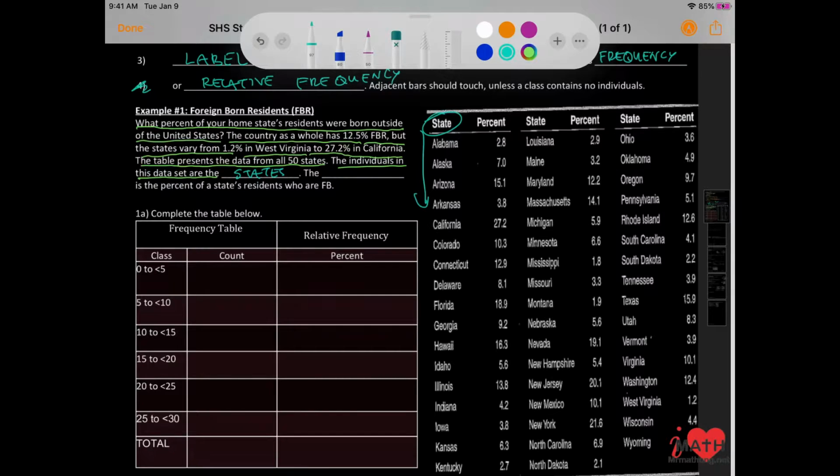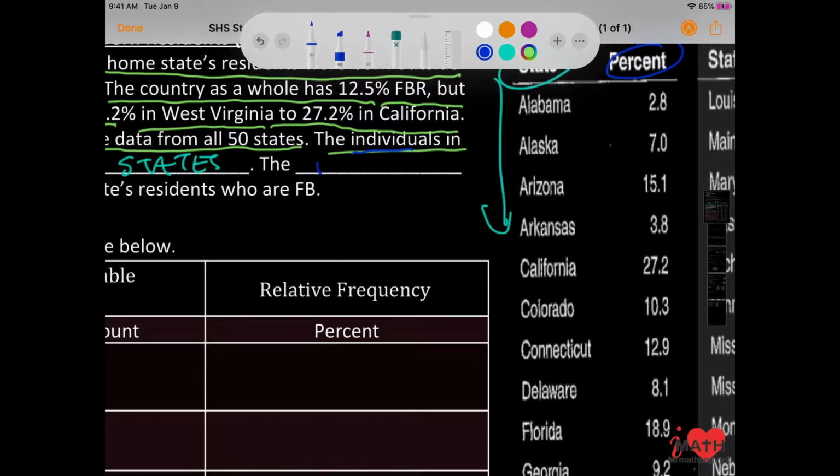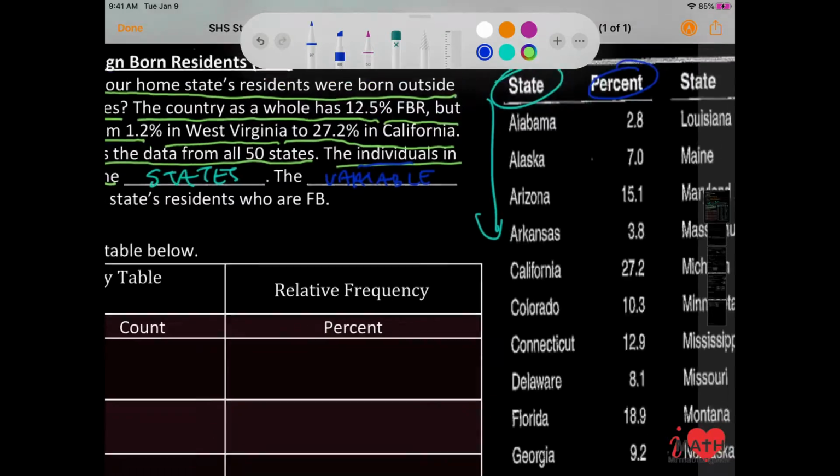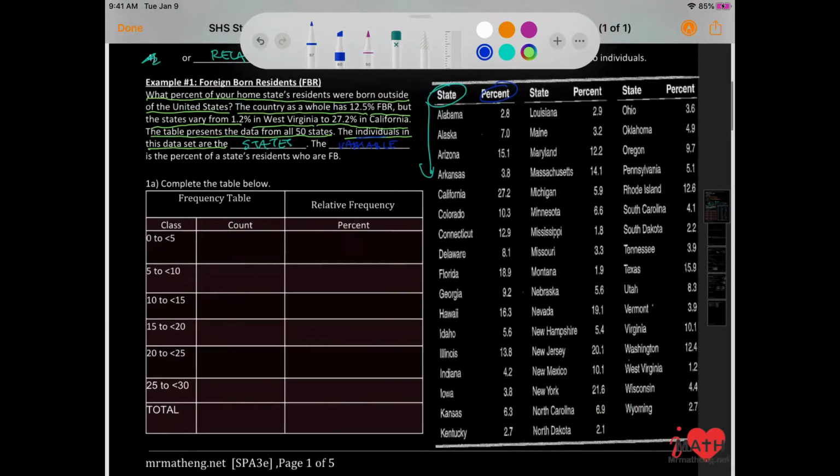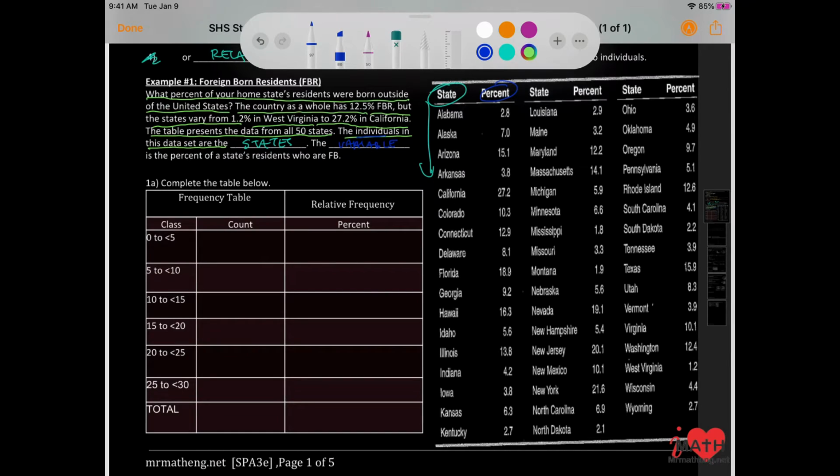So going back to the idea, instead of individuals, these percents here, that is the variable. Okay, so we need to complete the frequency table. So frequency means we need to count them, and then we need to convert those into percents.